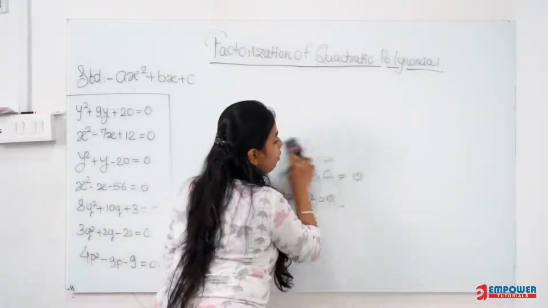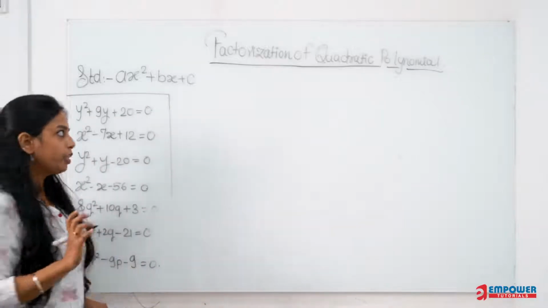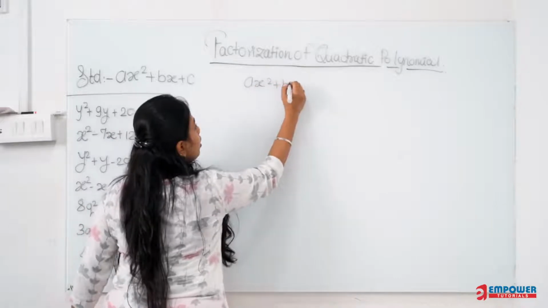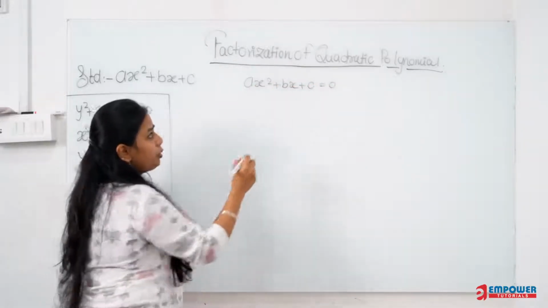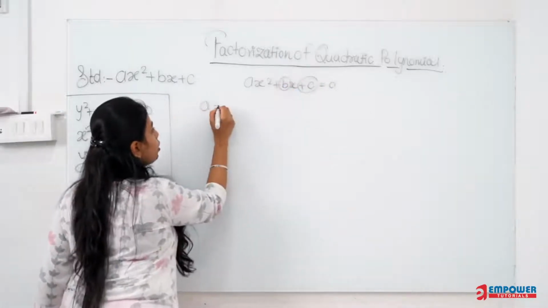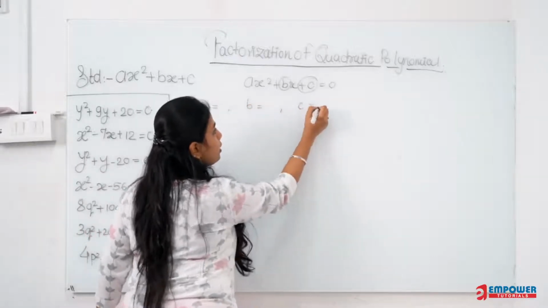Now how to factorize this quadratic polynomial using the splitting method? If you have a quadratic polynomial, what you need to look for is the coefficients. So we need to look for the values of a, b and c.